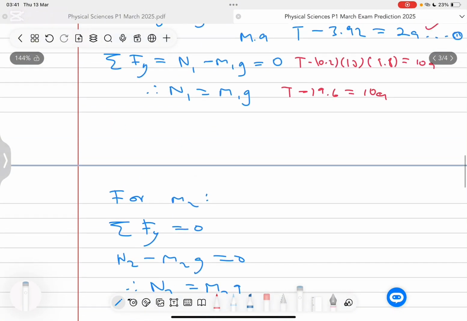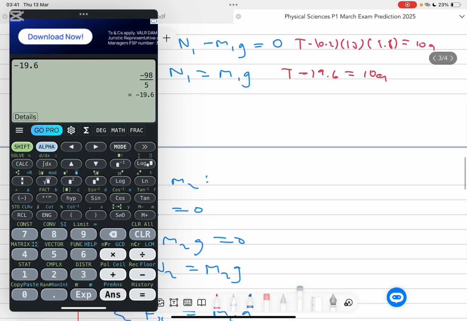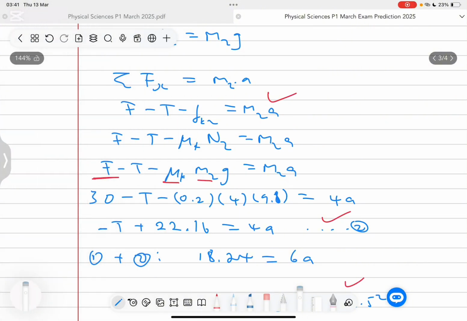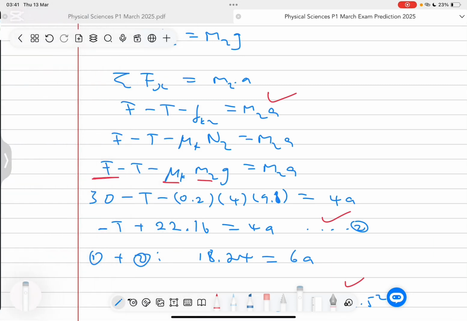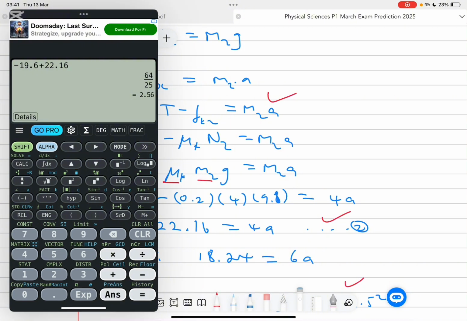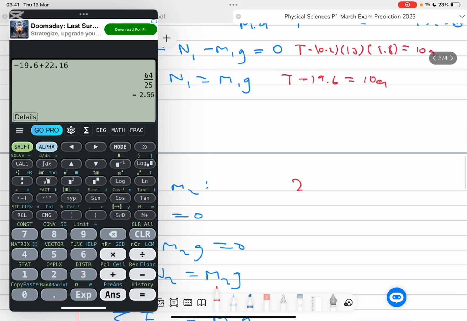But now I have negative 19.6, and I'm adding that to 22.16. The 22.16 comes from equation 2. And what I get now is 2.56.